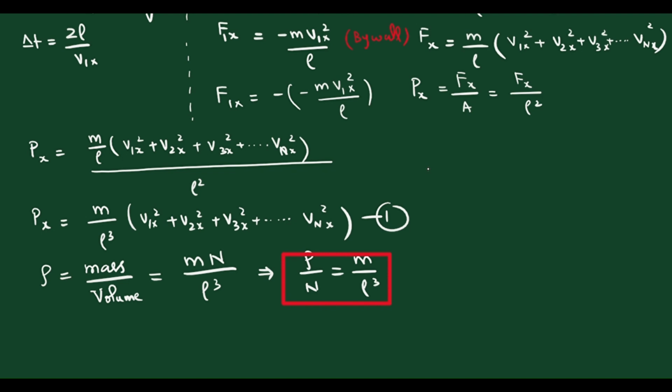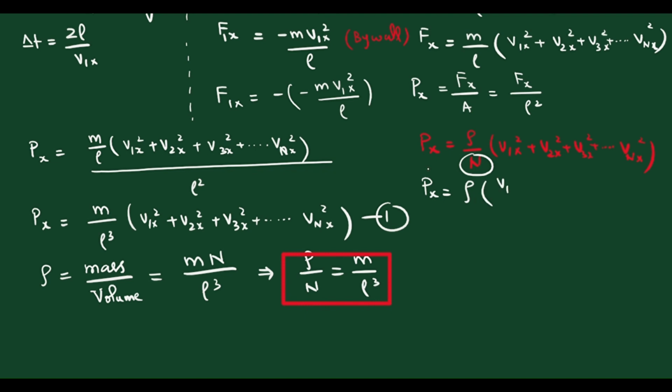Plugging this relation in equation 1, we get Px is equal to density divided by total number of molecules into v1x square plus v2x square plus v3x square plus so on and vnx square. The Px will be equal to the density, and this N will be divided inside this bracket.